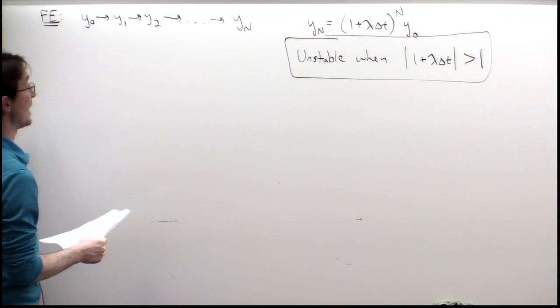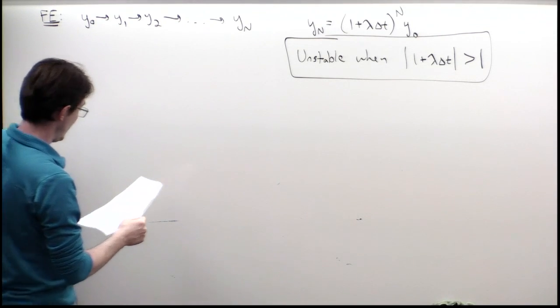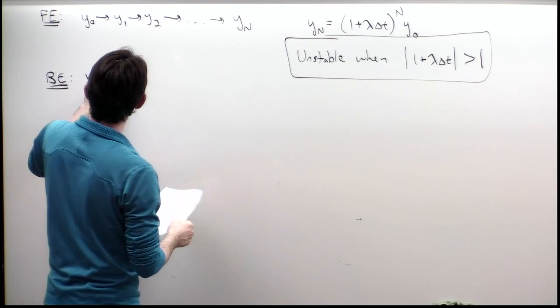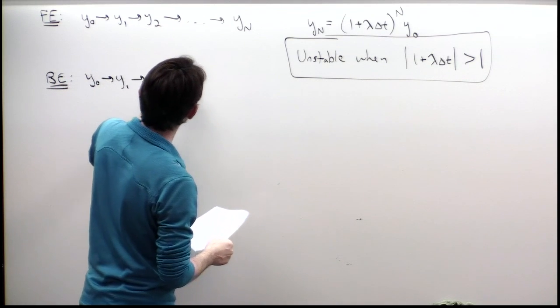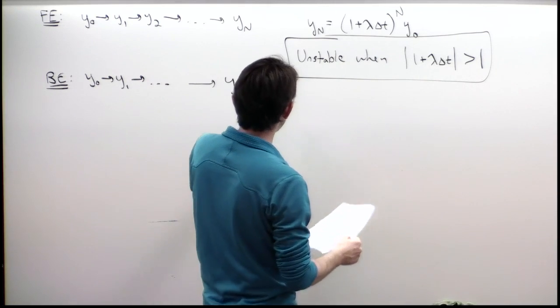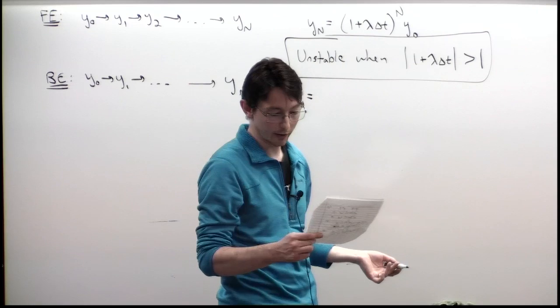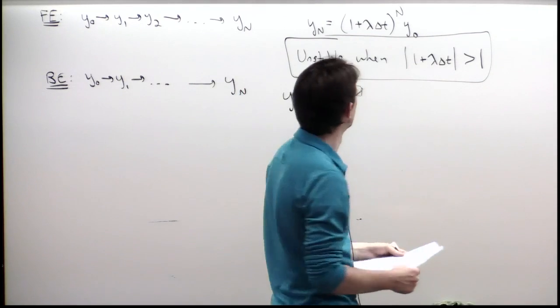Similarly, I can write down my backward Euler scheme. Backward Euler is y0 to y1 to dot, dot, dot, to yn, where for backward Euler, I have yn equals, any guesses for what yn equals?